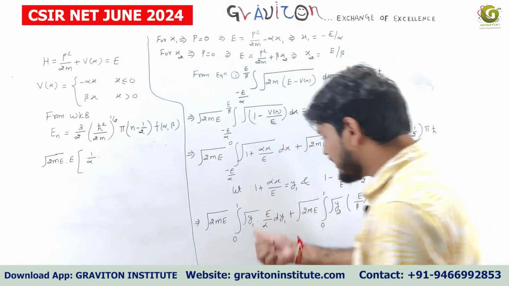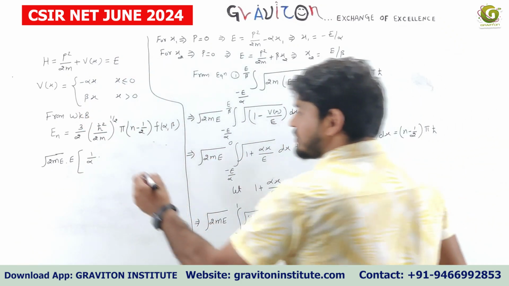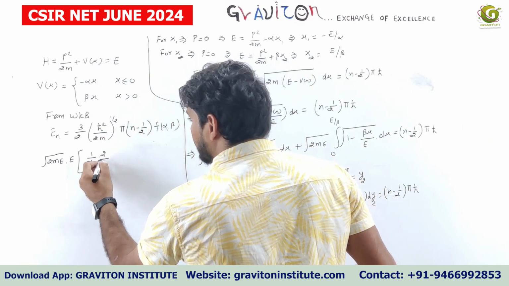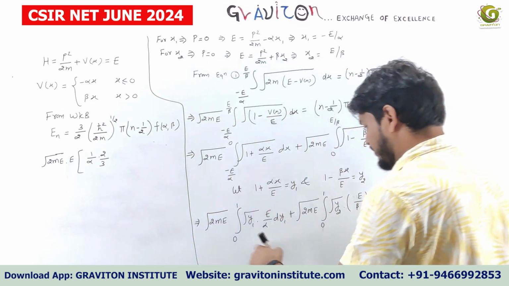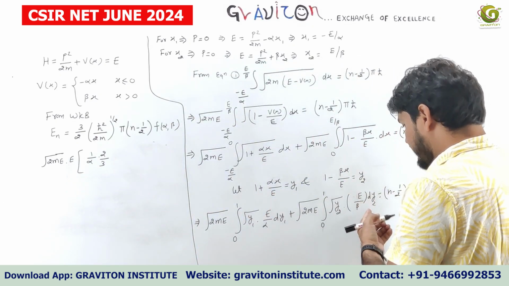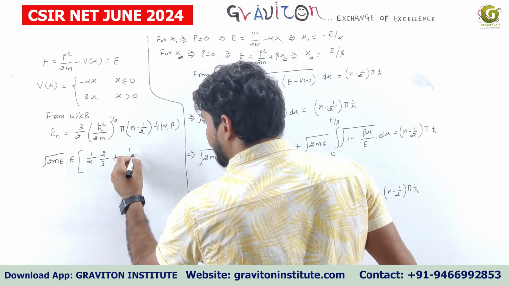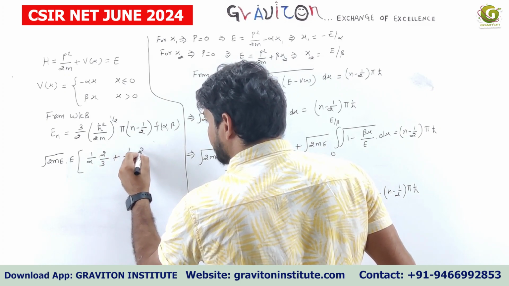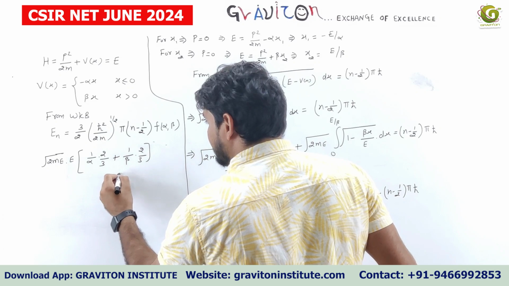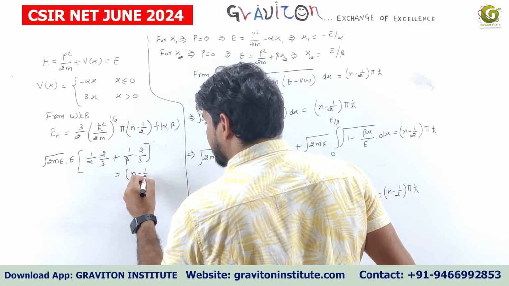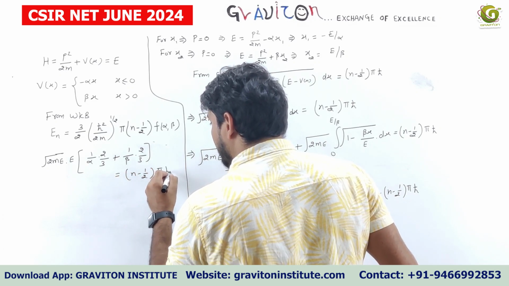You can integrate this one and easily put the limits. So this will simply become 2 by 3. Similarly, the same kind of term is here, 1 by beta into 2 by 3, which equals n minus 1 by 2 pi h cut.